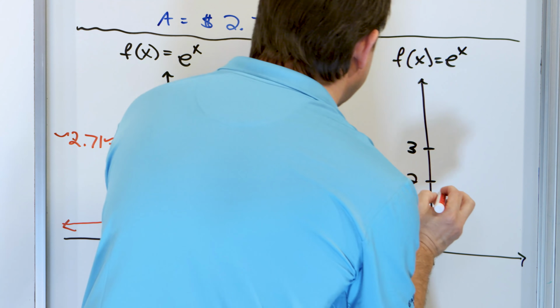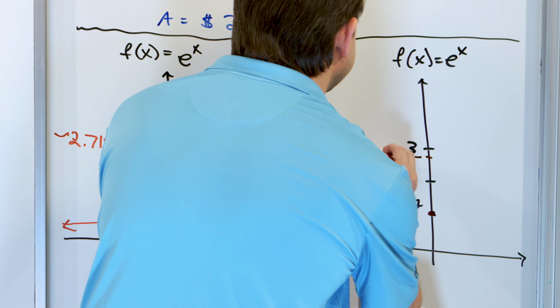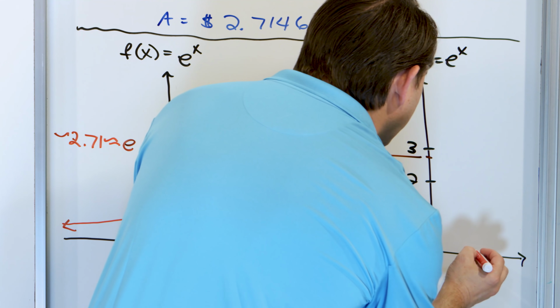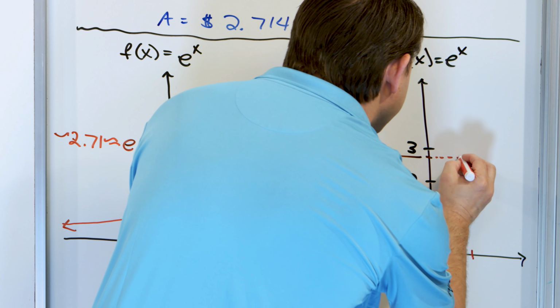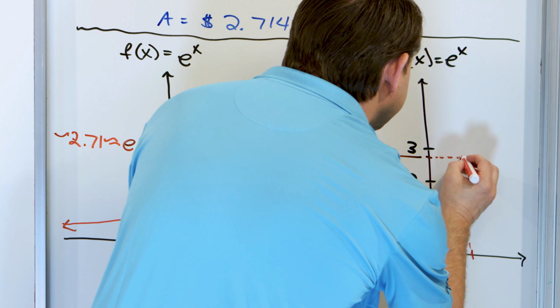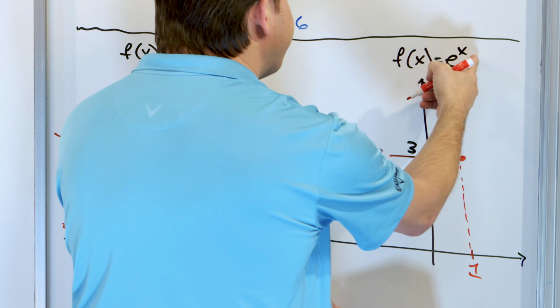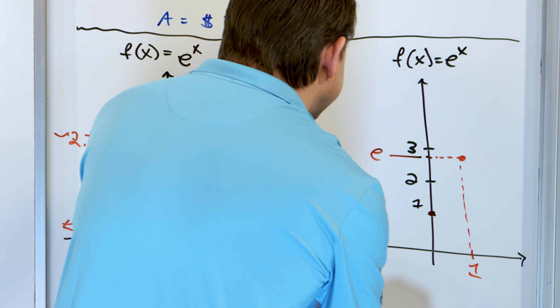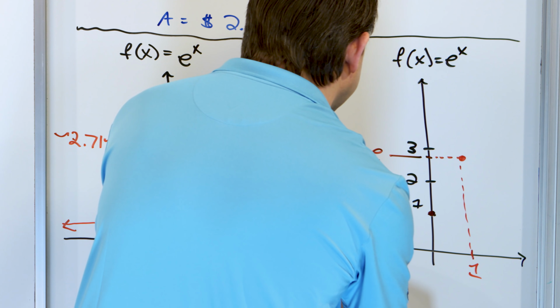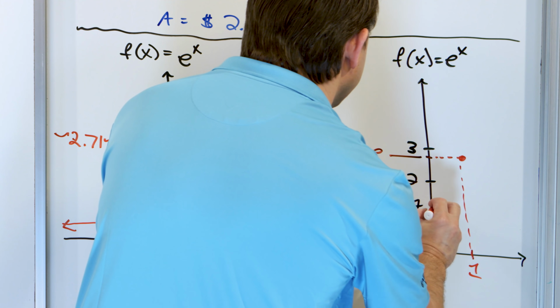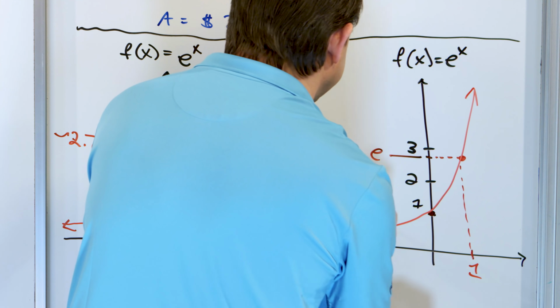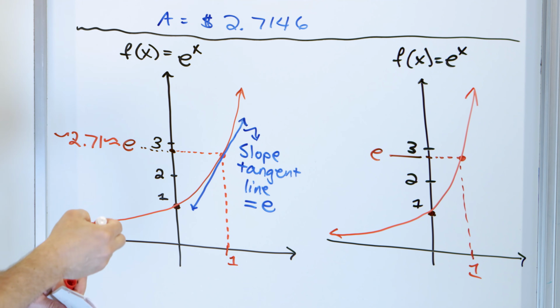So I know that I have a dot right there. I know this is basically the number e. And then I can go right here and I can say this number is going to cross basically right here. Because if I put the number 1 into this equation, e to the power of 1 is e, which is right here. So this curve has to go up something like this. Hopefully I won't mess it up. I've got to go through here, something like this. This is the curve. So I've tried to draw that thing freehand.